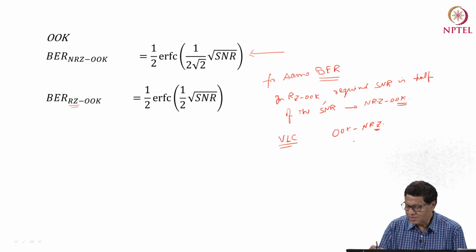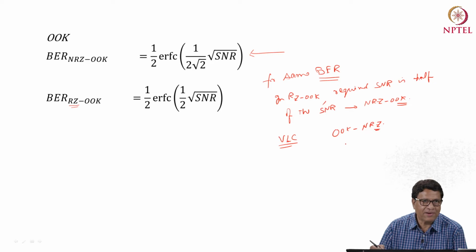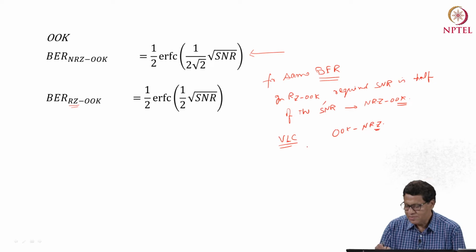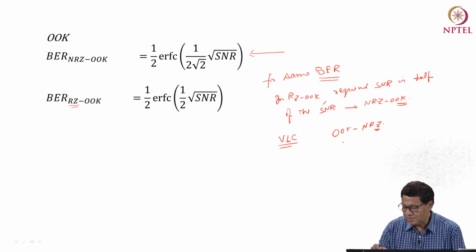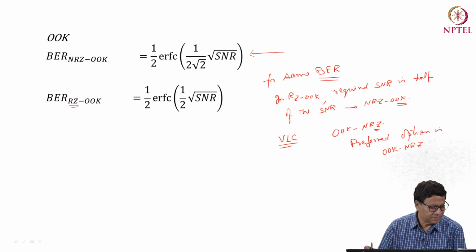So the preferred option is NRZ because of the illumination, there is enough light and enough power available. So that may not be a constraint, but bandwidth is a constraint. So the preferred option in a VLC system is OOK NRZ, if you have to choose between NRZ or RZ.